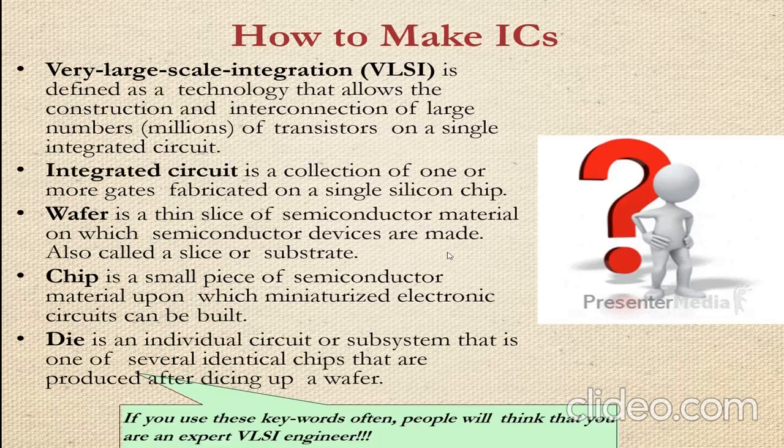It is an individual circuit or subsystem, one of several identical chips produced after dicing up a wafer. On a single wafer of silicon, multiple similar individual subcircuits are designed and formed. That is called a die. For making multiple copies, this die is prepared.